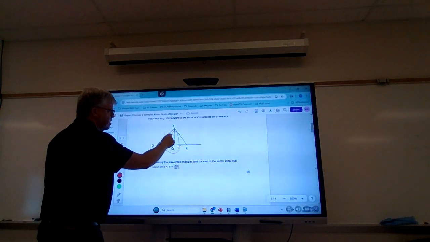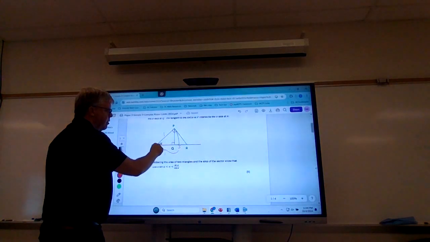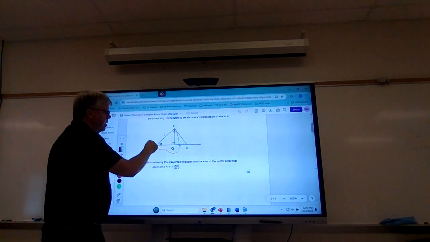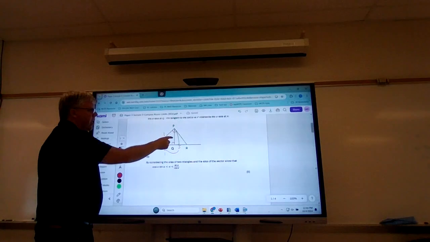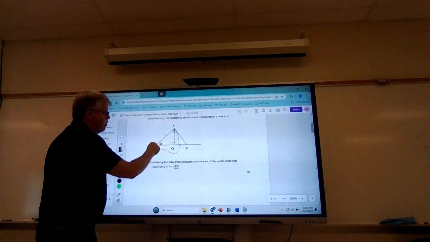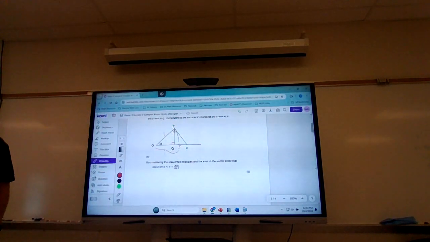One of your triangles is OPQ, which is a right triangle, so we can get its area by doing base and height. But the big triangle, OPR, is also a right triangle, so we can get its area with base and height also. We would just use OP as the base and RP as the height. Does that make sense?